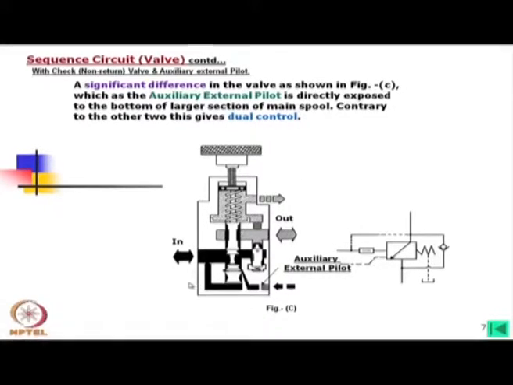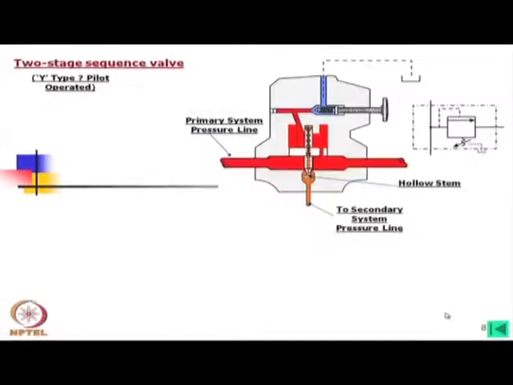One is the sequence, what for we are using this valve, as well as external control. Now, there is also a two-stage sequence valve. Now, in that two-stage sequence valve, it is also named as Y type.